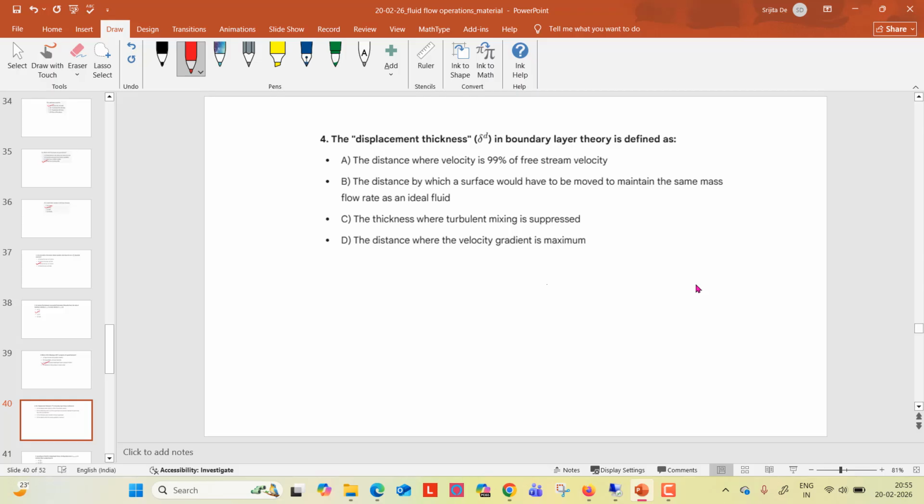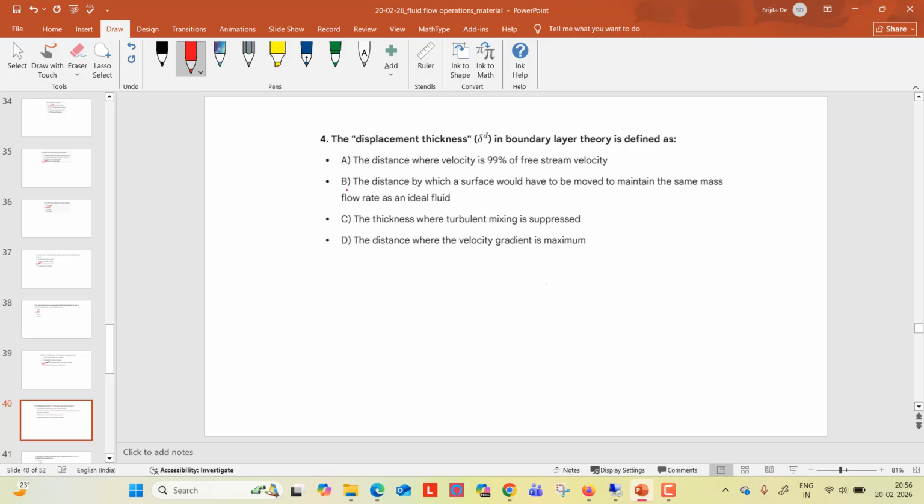The distance where velocity is 99% of the free stream velocity is the boundary layer thickness, but displacement thickness is option B, the distance the surface has to be moved to maintain the same mass flow rate as an ideal fluid.